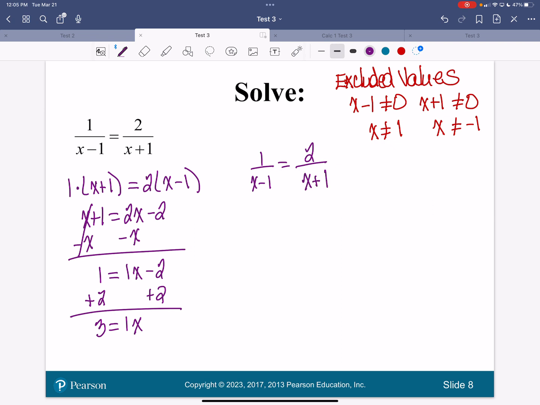Okay, what's my LCD here? Good, x plus 1 and x minus 1 is my LCD. Okay, so I could multiply both sides times that over 1, and I'm going to get to exactly the same place that I was.